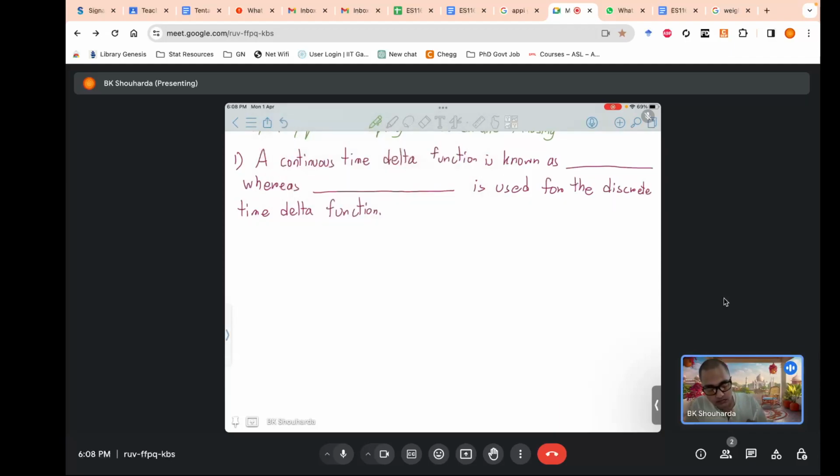So if you remember the continuous time delta function, its property was it was equal to 0 when t was not equal to 0, and was infinity when t equal to 0, and the area under this delta function is 1, and this is actually called the Dirac delta function, which is meant to be continuous time.